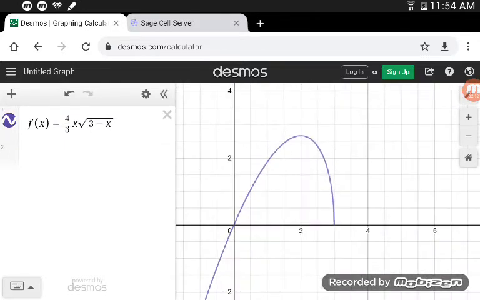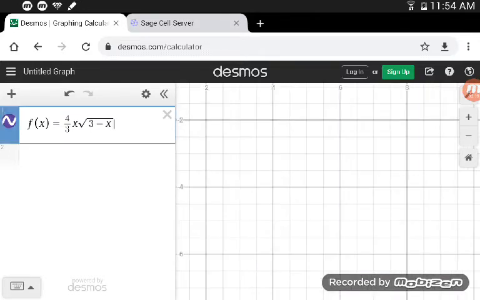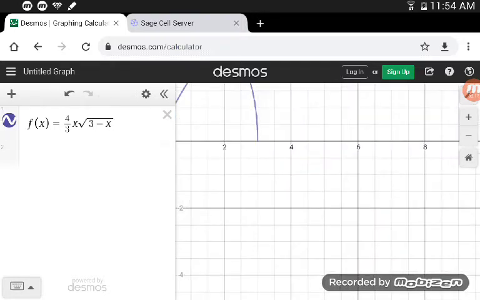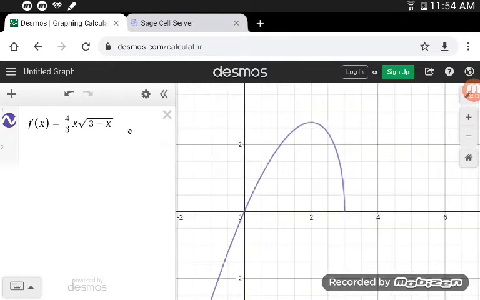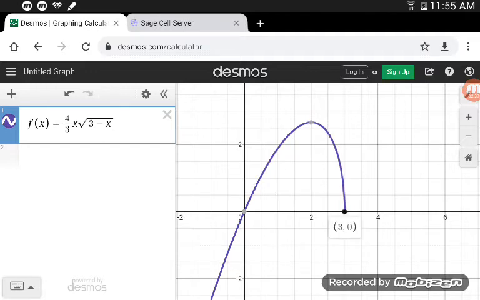And so, using this, I can see the minimums definitely appear to be at 0, and a maximum at 2.667, maximum value 2.667 at x equals 2.